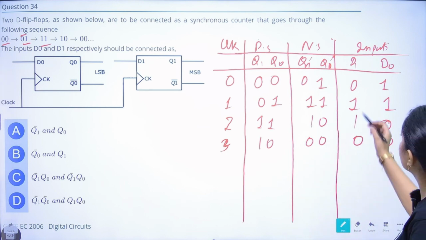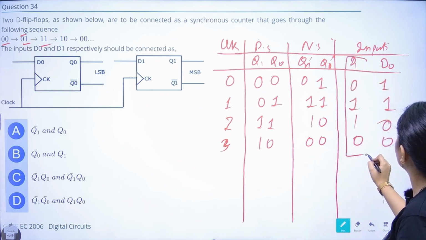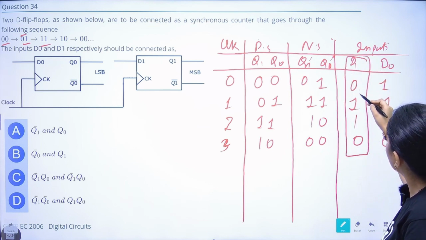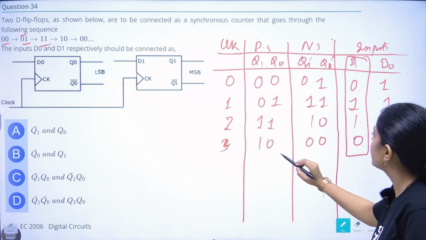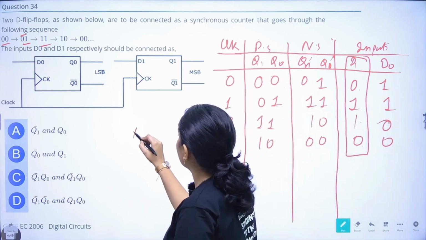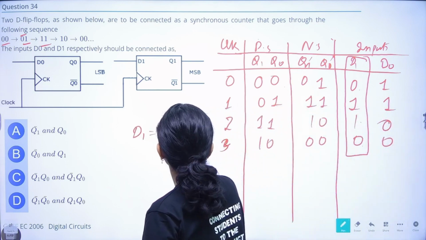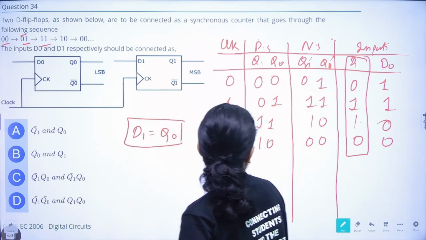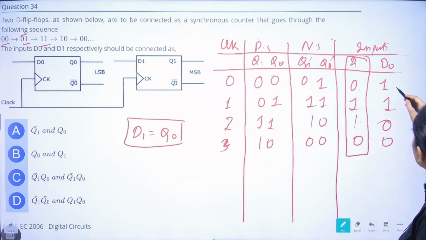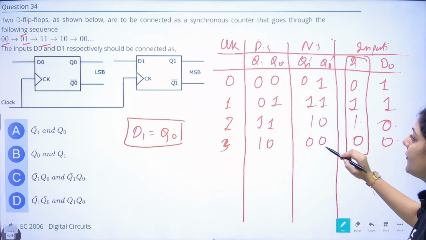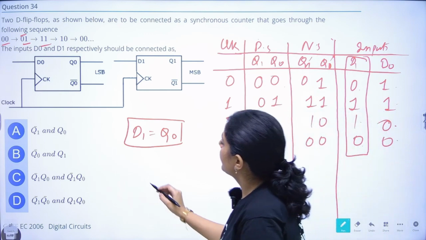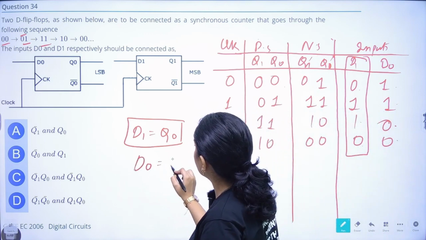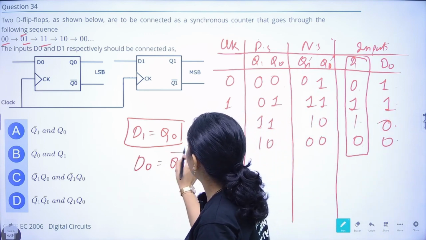So you see Q0 is 0 1 1 0. So D1 we can directly write, it's nothing but Q0. D0 is 1 1 0 0. If you see Q1, Q1 is 0 0 1 1. So D0 will become Q1 bar.